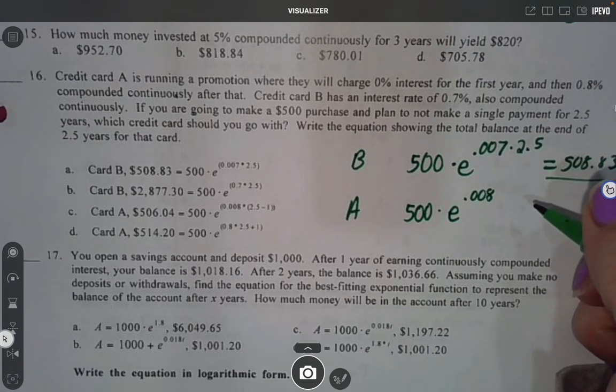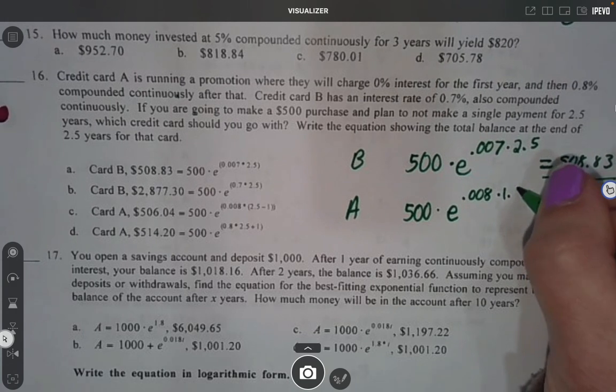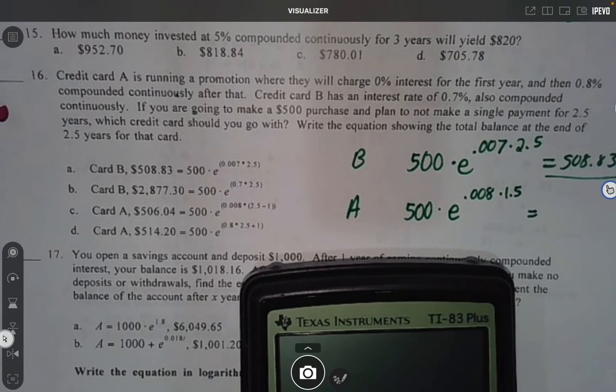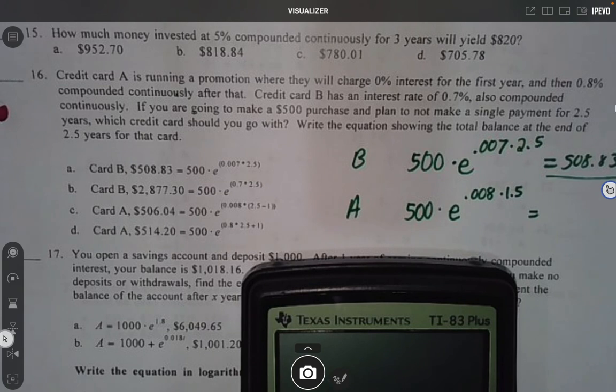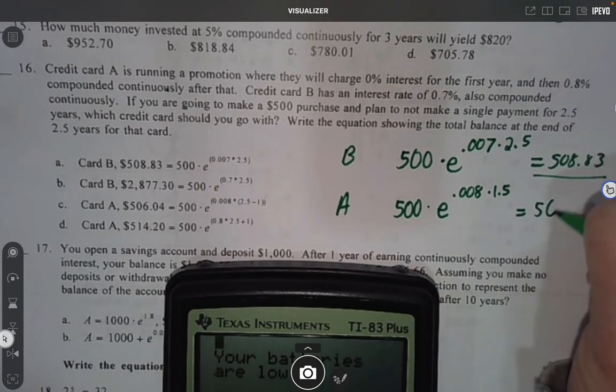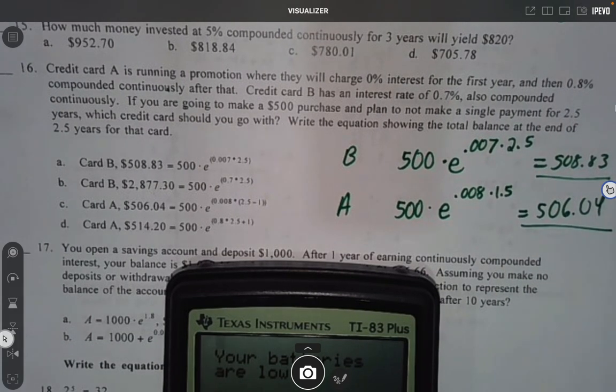Do we charge interest on the first year? So what's 2.5 minus 1? 1.5. So what do we get on this one? 506.04.